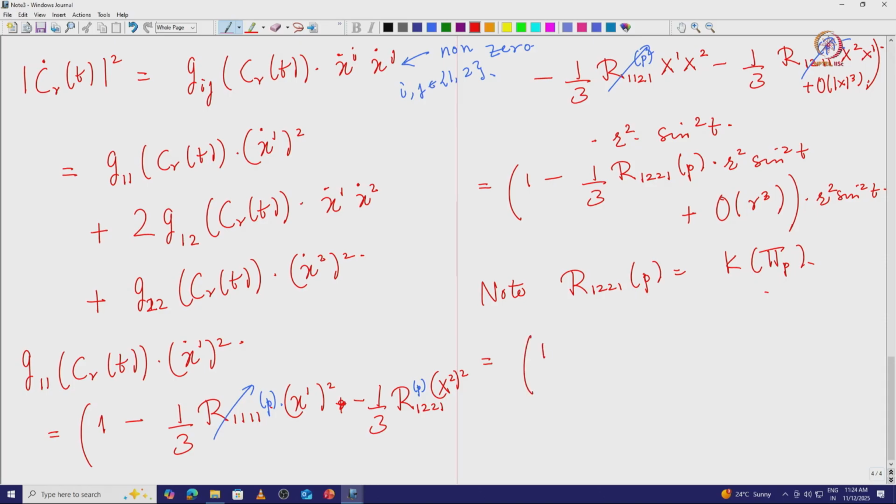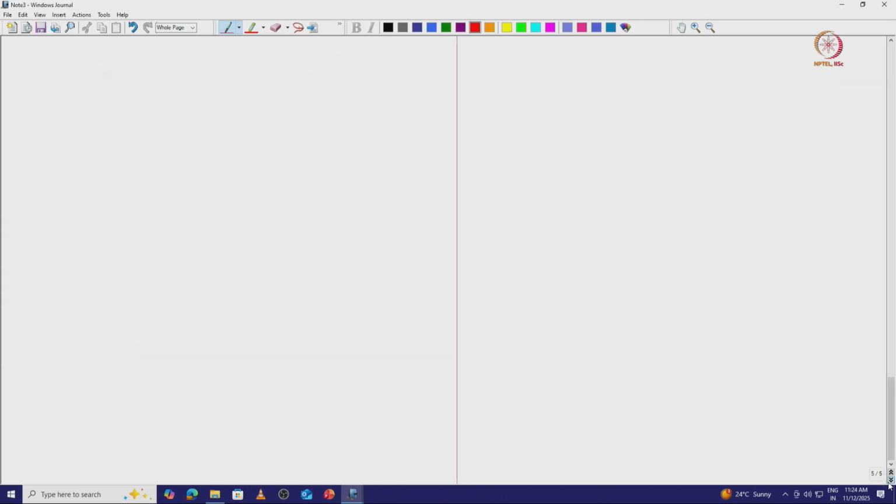So this is precisely 1 minus the sectional curvature term by 3 times r squared sin squared t plus order of r cube times r squared sin squared t. Okay, so this is the first term. Similarly, you can calculate the second and the third term. So I won't bother you with the details.